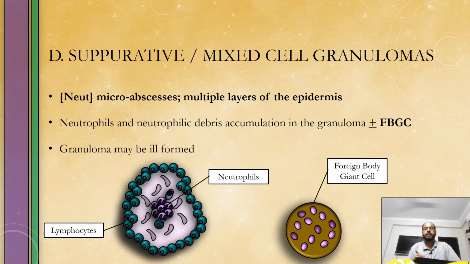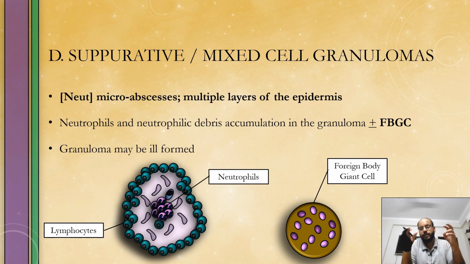Let's discuss the fourth type of granulomas, the suppurative or mixed cell granuloma. Okay, now why are they known as mixed cell granuloma? In a mixed cell infiltrate, you see two types of infiltrate. One is acute infiltrate, which is composed of neutrophils. And second, you see chronic infiltrate, which is composed of chronic cells like lymphocytes. Now, in a granuloma, you have a layer of lymphocytes surrounding it.